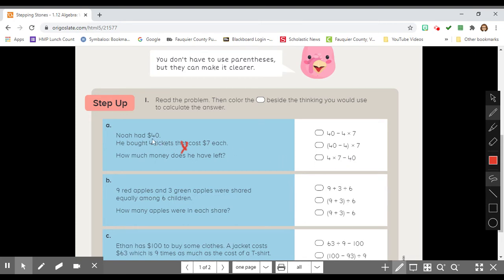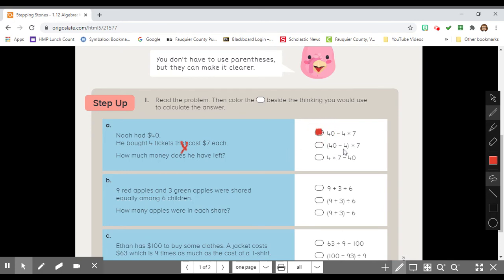But this is telling me I already have the 40. So I'm going to use this one because I have 40. And then 4 times 7 is here, and I'm going to be taking away that 4 times 7. So I'm going to color in this one. And that's how you read them.